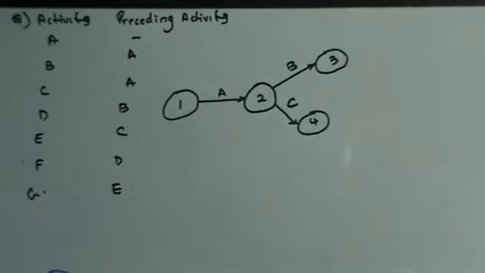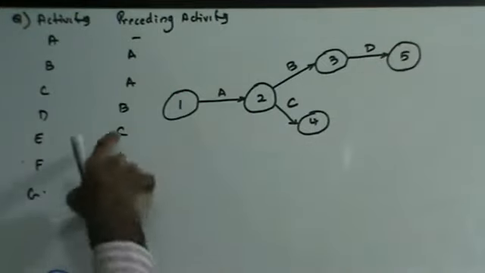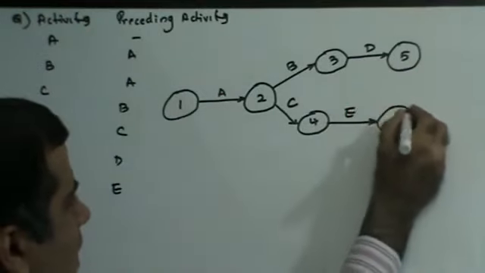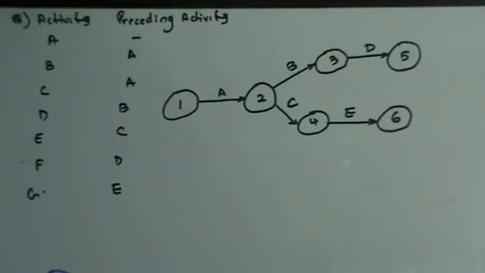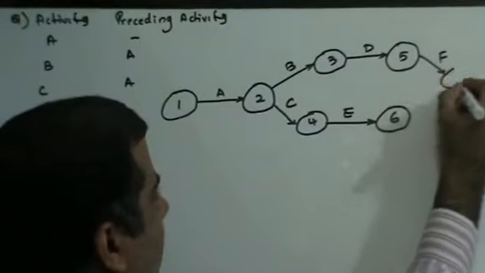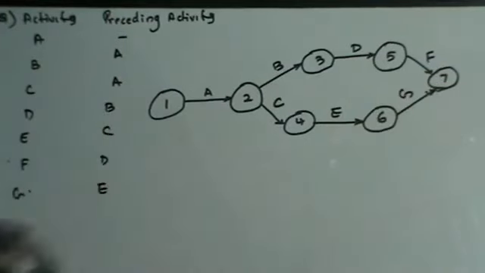B leads to D. C leads to E. D leads to F. E leads to G. That will be your network diagram for this. Fine, do you get this clearly? After E I have drawn G, after D I have drawn F. 5, 6, 7. 7 events.